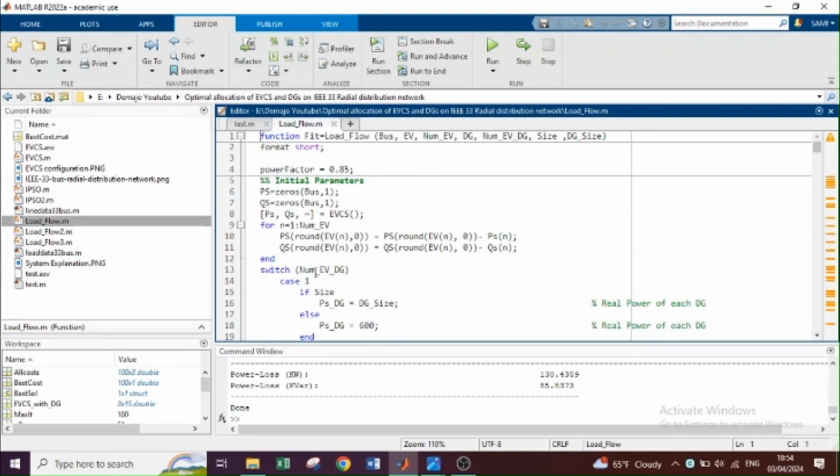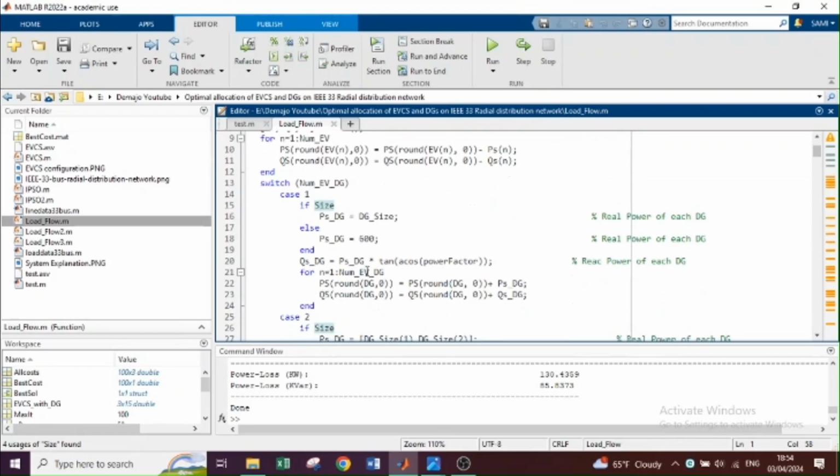So in the loadflow.m file, we can see that whenever the number of DGs is more than 0, which determines how many DGs we're going to use in the system, and the optimal size is false, the system will consider a constant value for DG size.